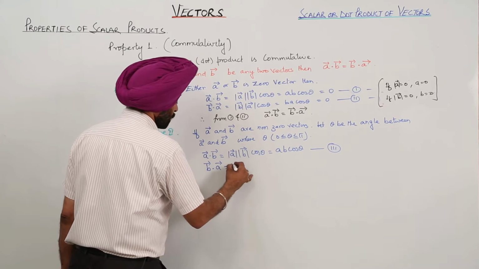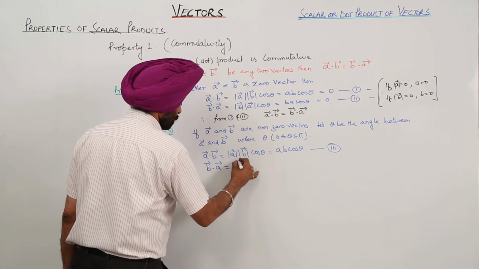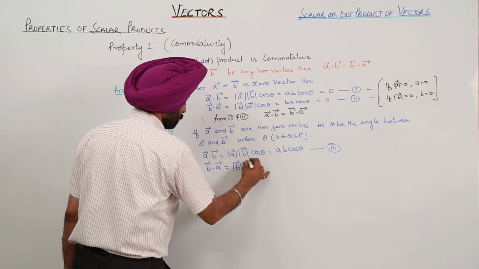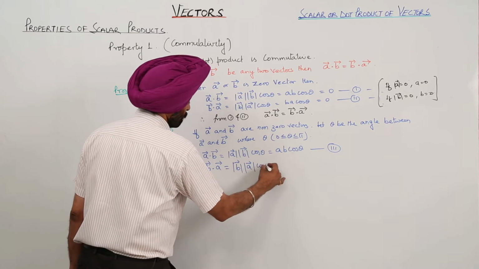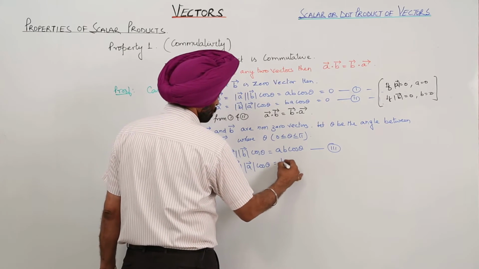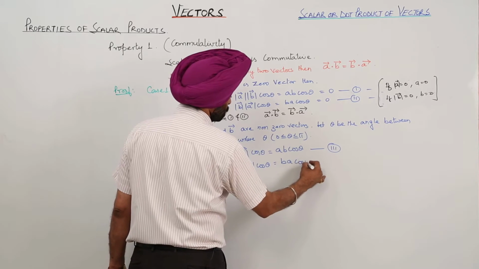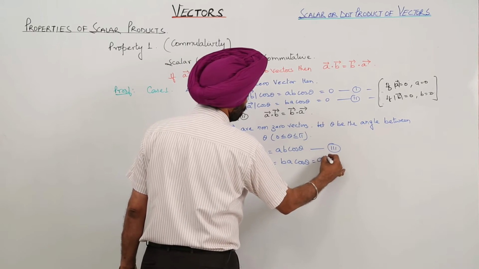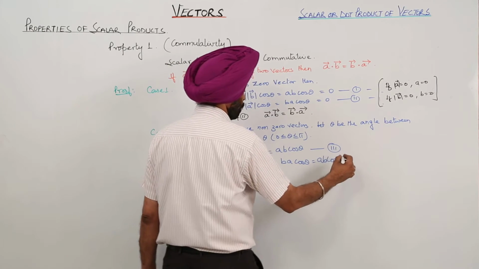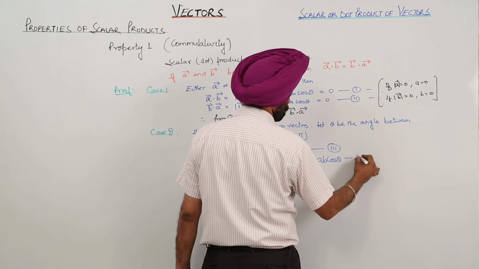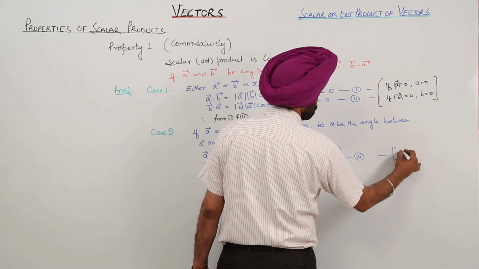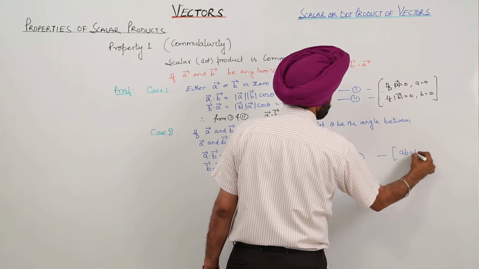Vector B dot vector A, magnitude of B, magnitude of A cos theta, this is equal to BA cos theta, and this is equal to AB cos theta. Now what is the reason? AB is equal to BA.